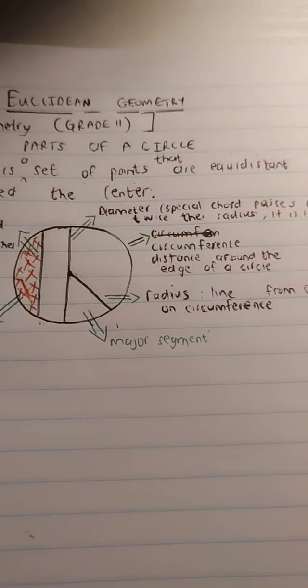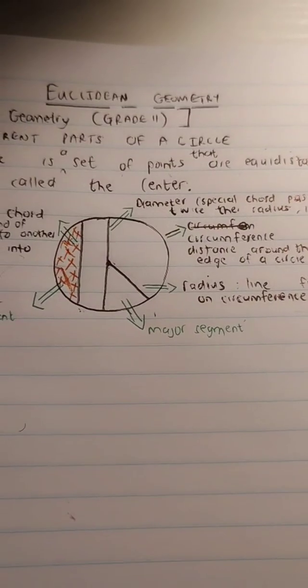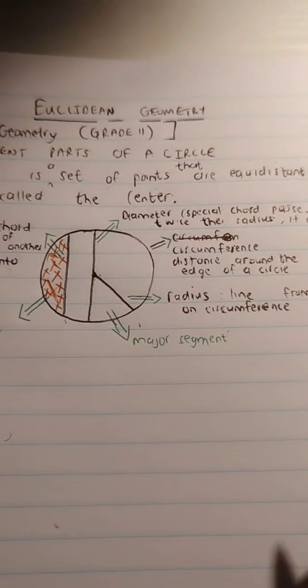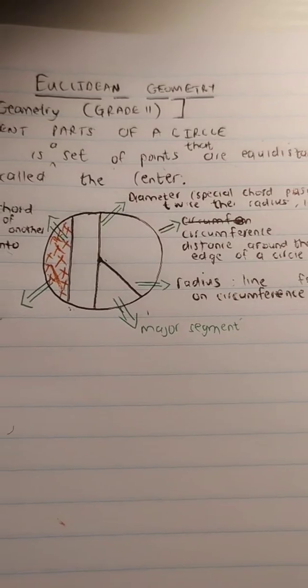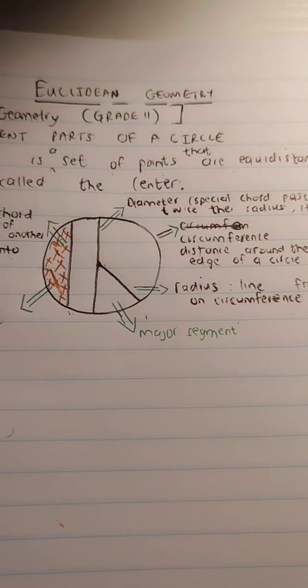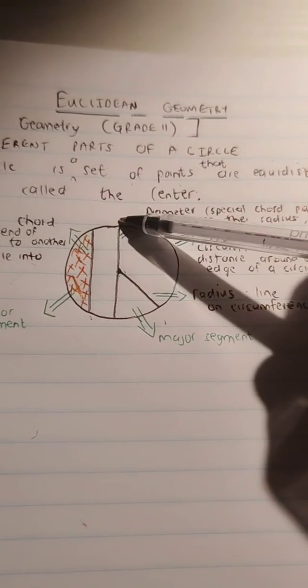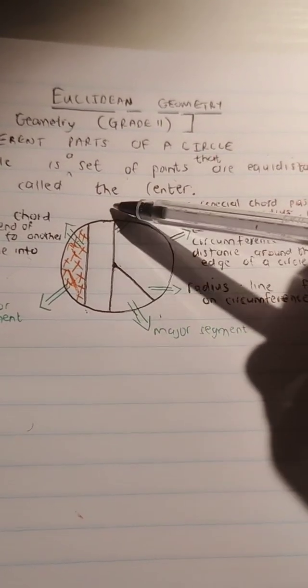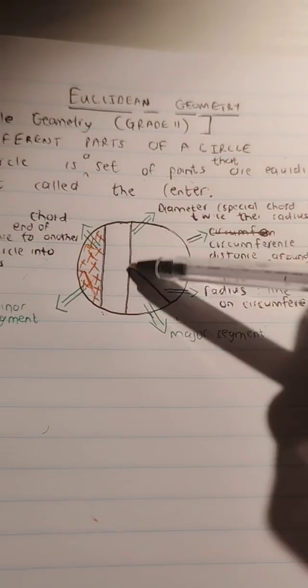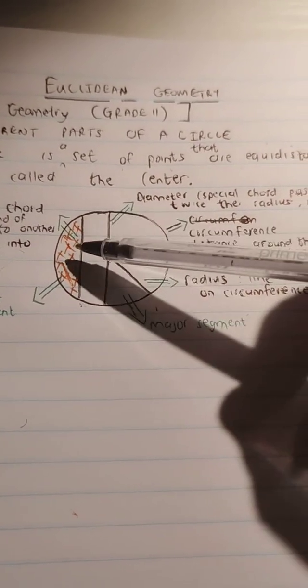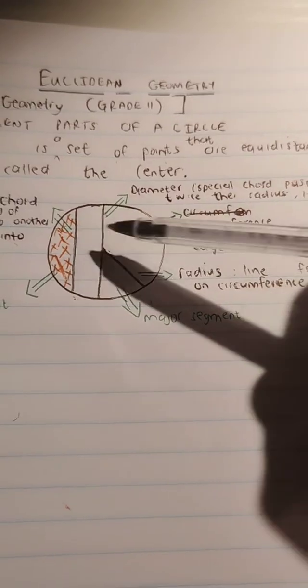In all these things that we are learning and understanding, we also have, of course, when the diameter is there, we know that it divides the circle into two halves.